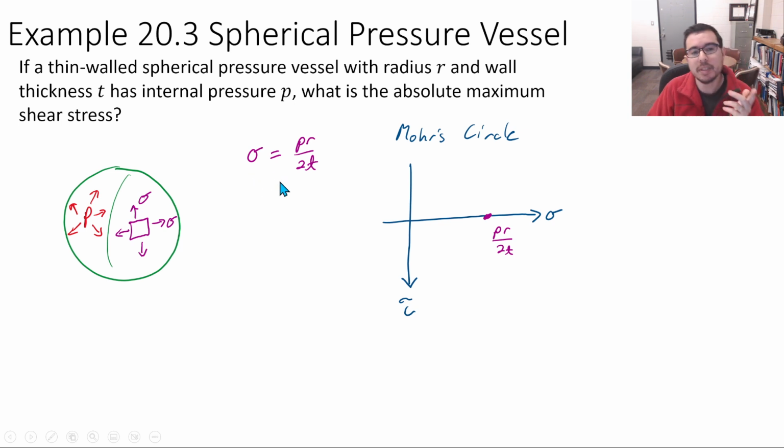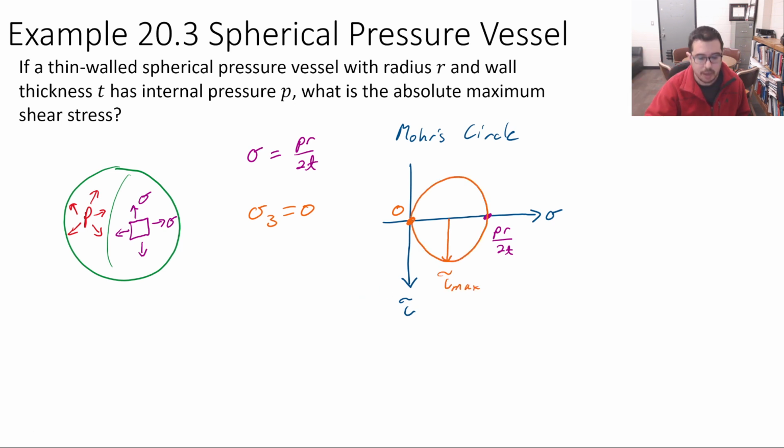But remember what we said for these thin-walled pressure vessels: sigma 3 is equal to 0. So we can write that out, sigma 3 equal to 0, and then we put that dot at the origin. That means we now have a representation where we can draw a Mohr's circle, where before it was just a dot.